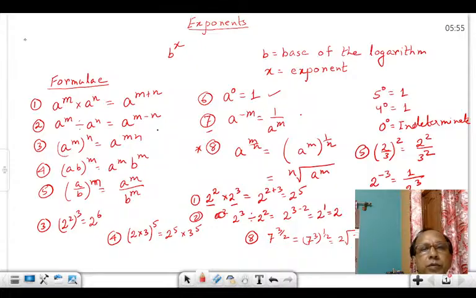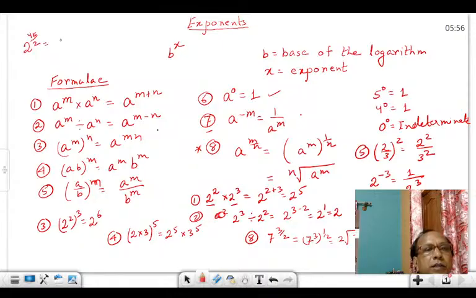Suppose there is a number. I am writing a number as 2 to the power 4 by 2.